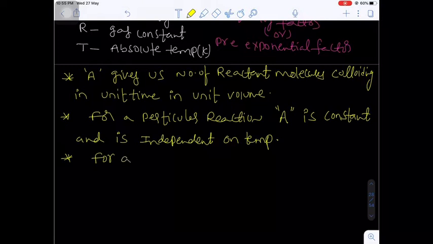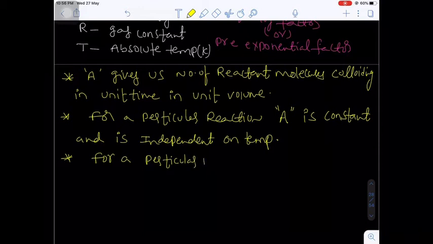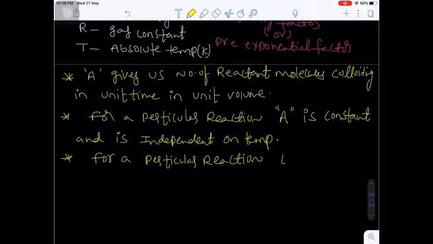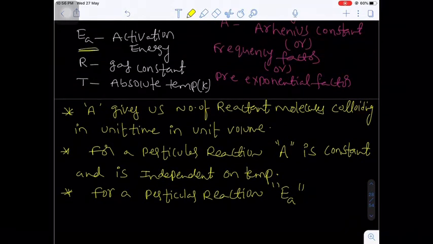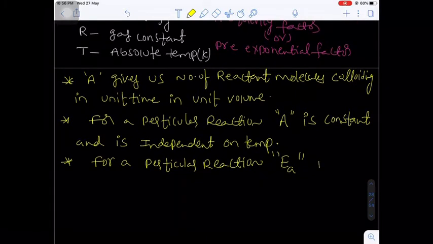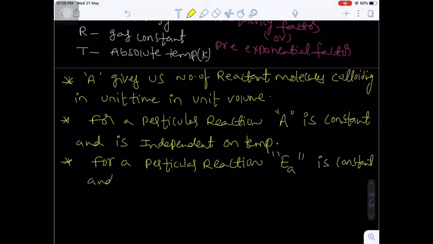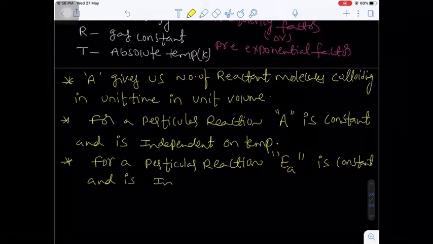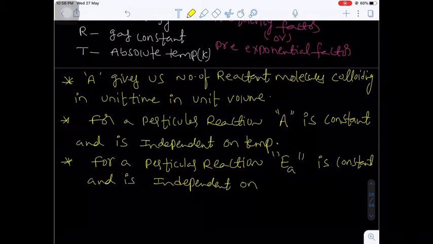For a particular reaction, the activation energy, that is called Ea, is constant and is independent of temperature.